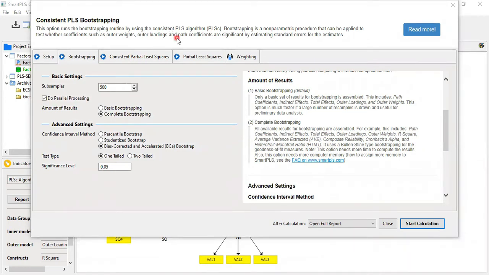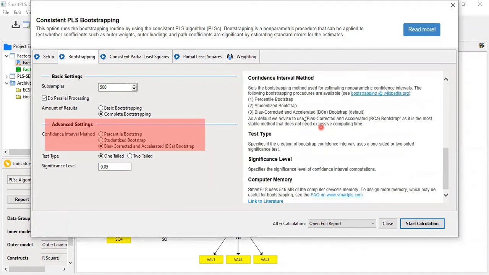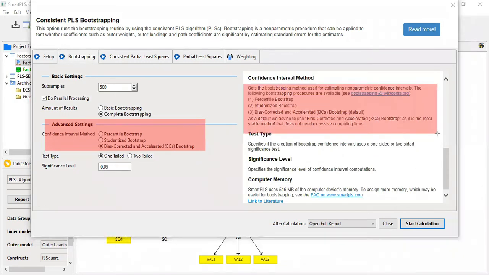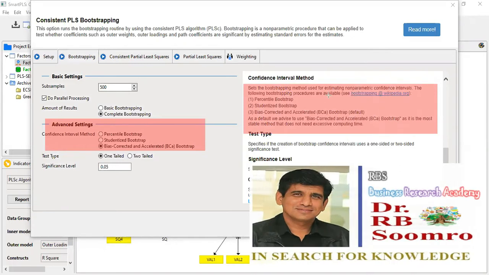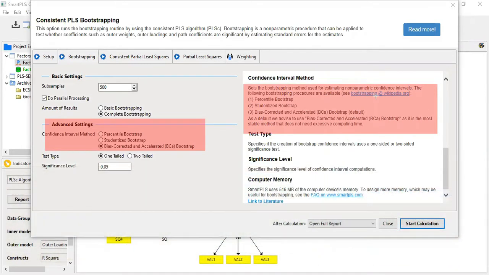Another thing is the advanced settings, where three options are available: percentile bootstrap, standardized bootstrap, and bias-corrected and accelerated. What is suggested is that they have set the bootstrapping method for estimating non-parametric confidence intervals.